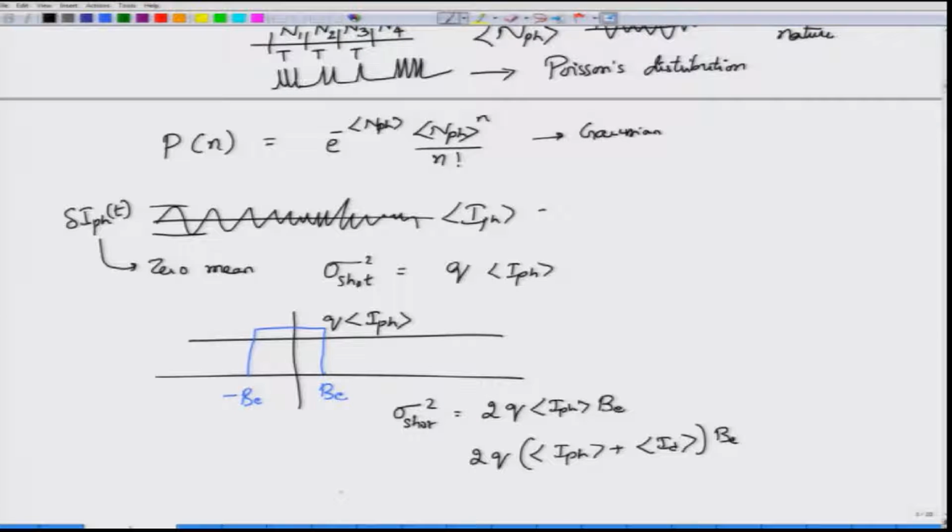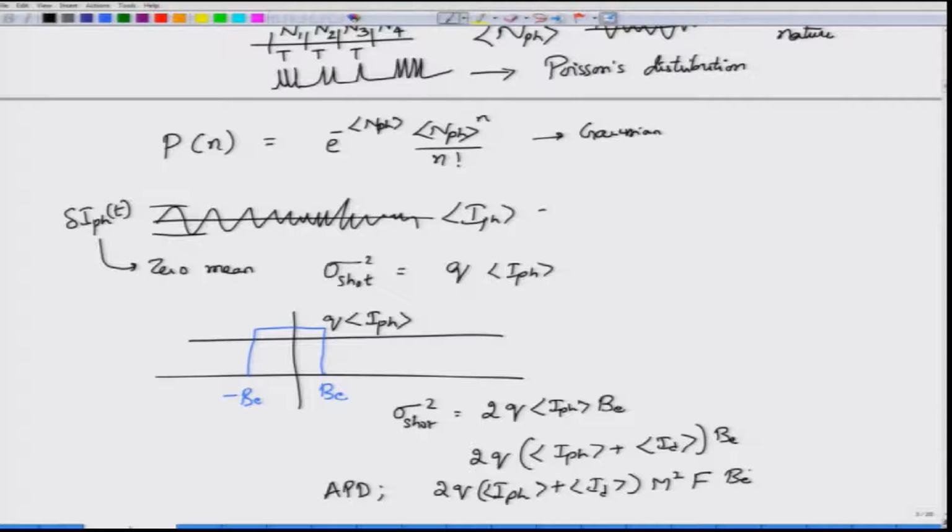For APDs, the shot noise variance is slightly more complicated. It is actually given by 2q into the primary photocurrent, which is again mean, plus the dark current, times M square, which is the multiplicative gain, times F, times BE.